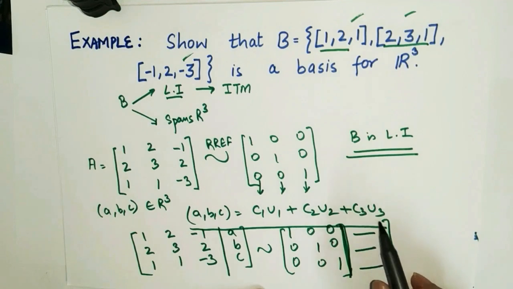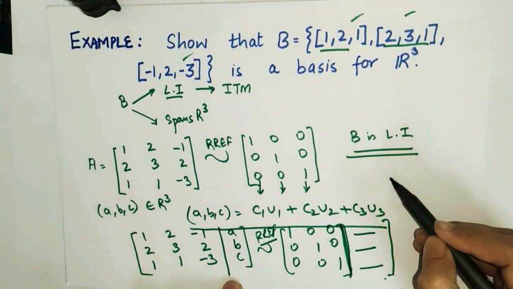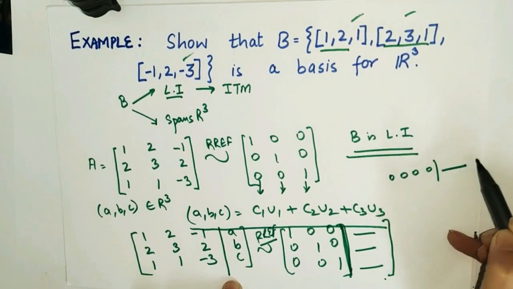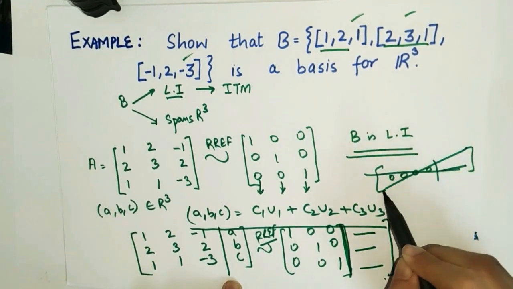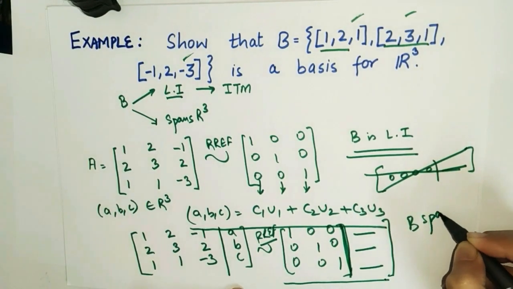Now that I have this as my RREF, it can be seen that the augmented matrix is always consistent no matter what the values of a, b and c are, since I do not have any row of the form 0 0 0 and then c. Since I do not have any row of this form, my system is always consistent for whatever values of a, b and c. So that means B spans R3.